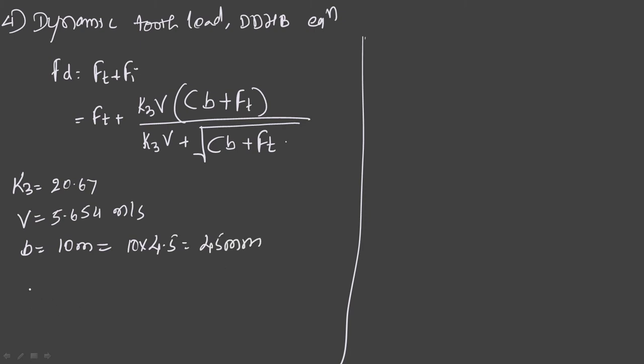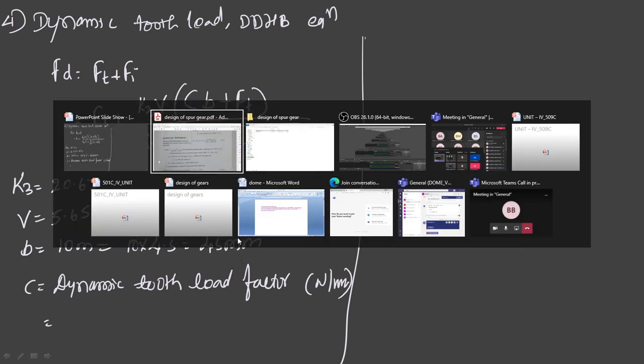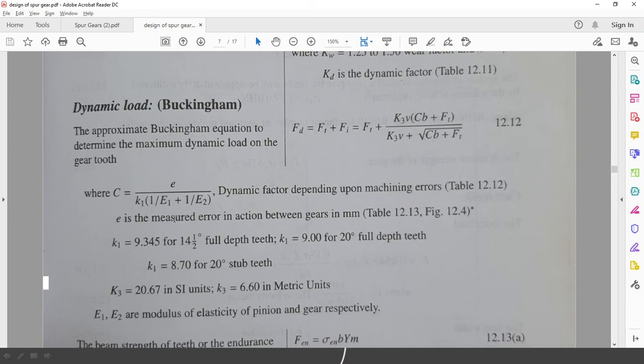Now you need to find the value of C, the dynamic tooth load factor. You can calculate C directly if Young's modulus of both materials is given, that is of the pinion and of the gear, and based on the error you can calculate C directly.